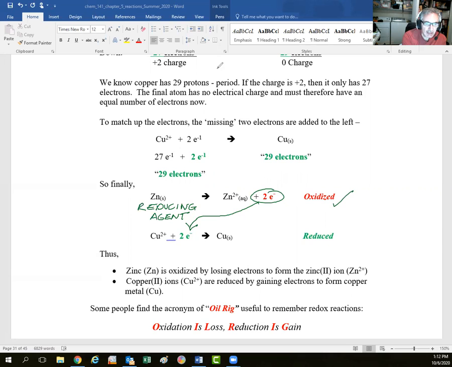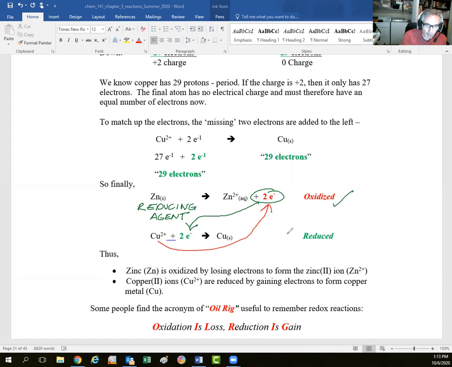It's always the agent for the other process. So likewise, the copper here is picking up electrons as it becomes reduced. But to get those electrons, it has to take them from the zinc. So it says, thank you very much, I'll take those electrons, please. So while the zinc is providing them, the copper is also very happily and readily taking them. And taking those electrons from the zinc makes the oxidation happen.